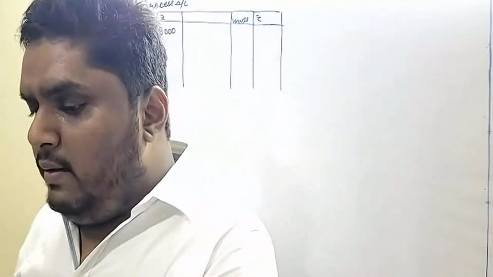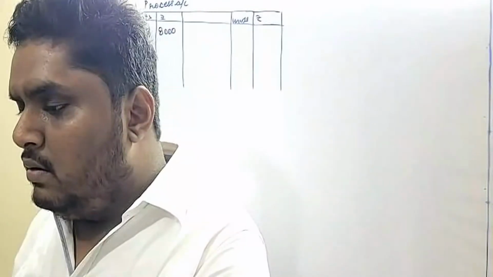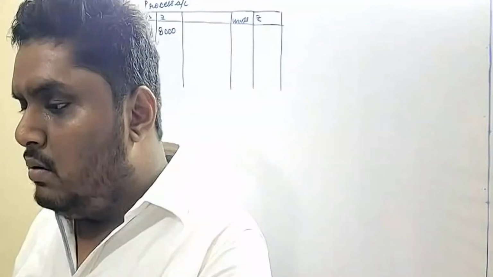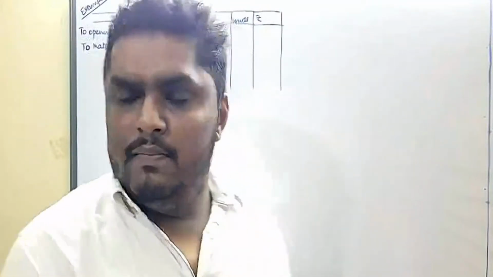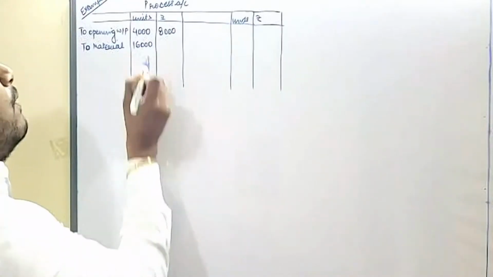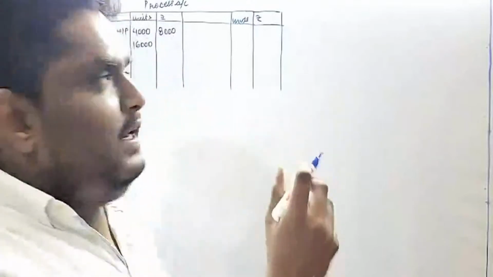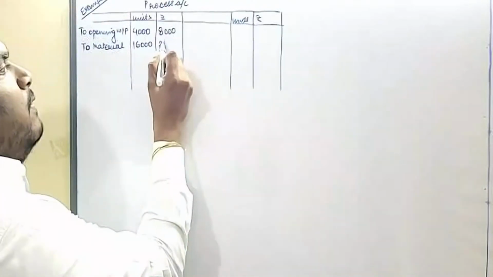The input during the year is 16,000 units, and the total cost of material is 25,600.